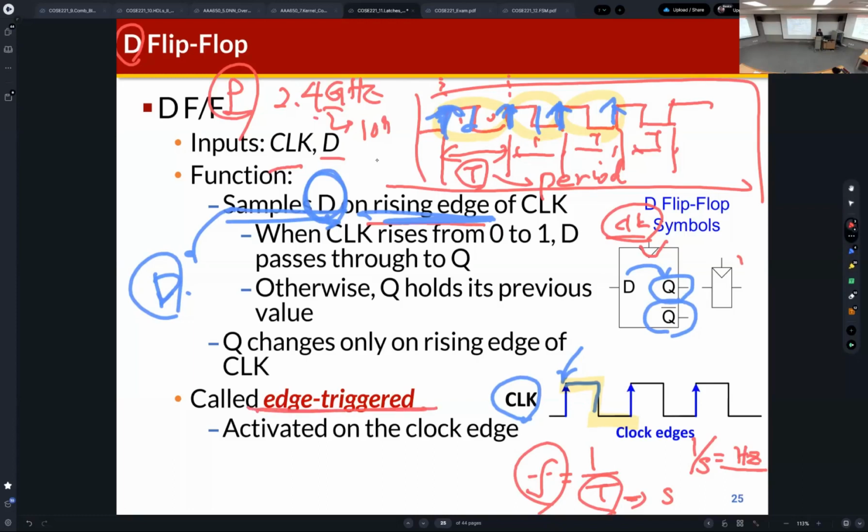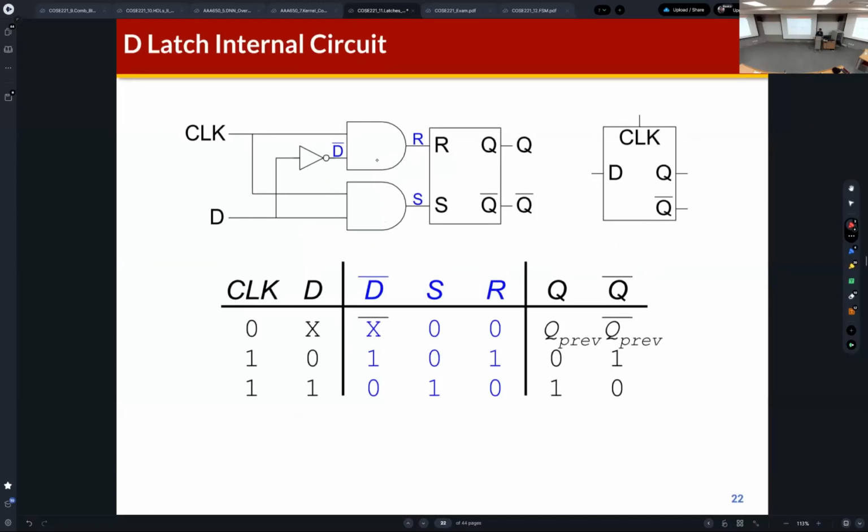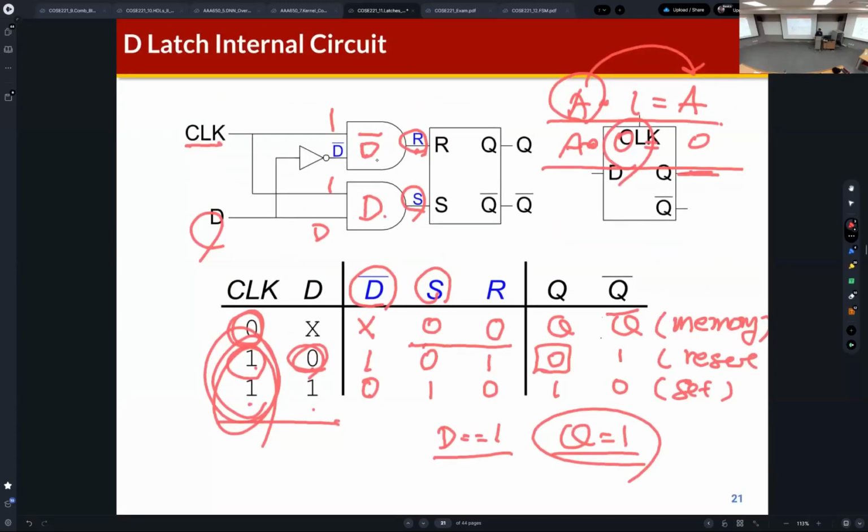Because the input data is sampled at the rising edge of the clock signal. So let's compare with the latch. This is the truth behavior of the latch.